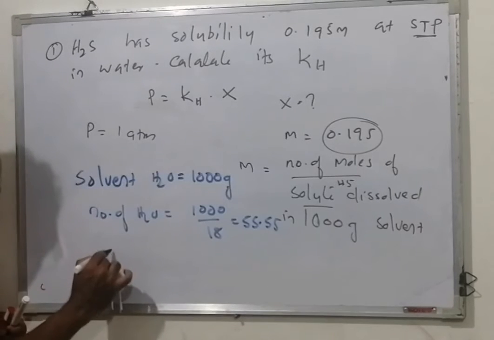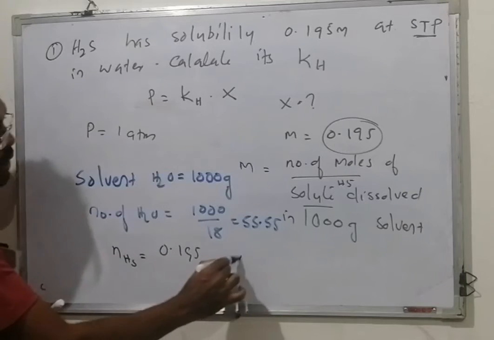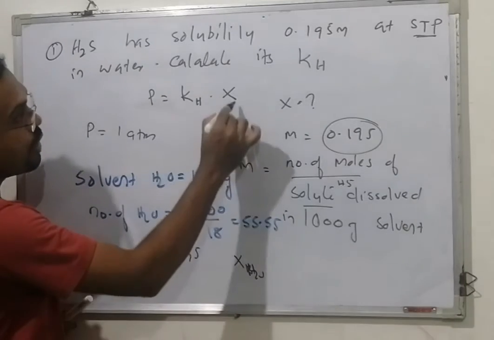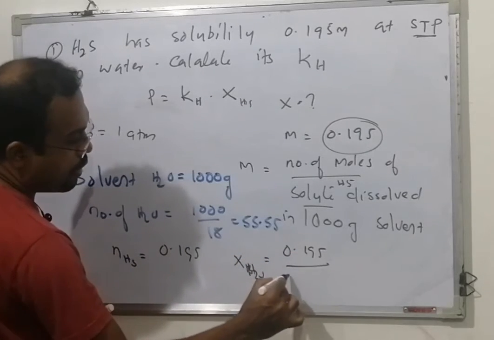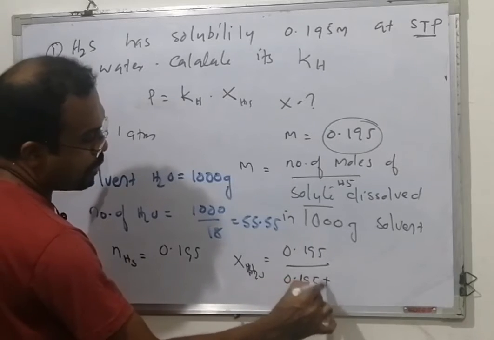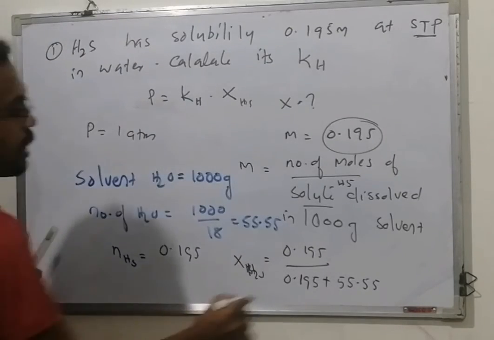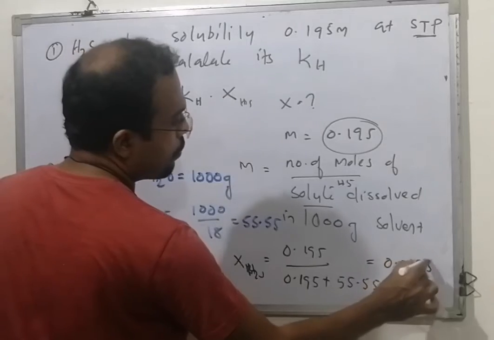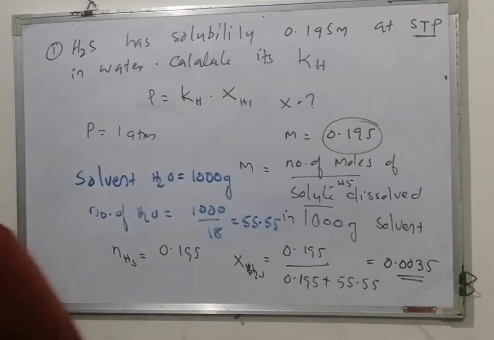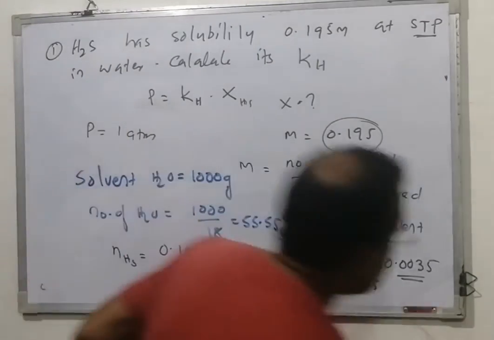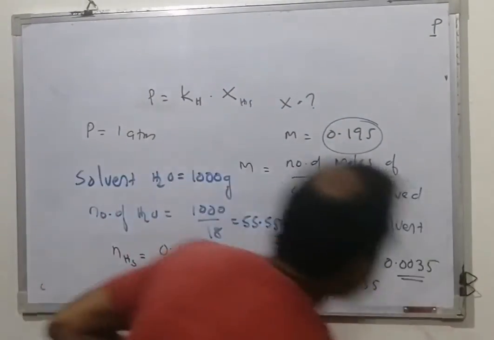Therefore, the number of moles of H2S is 0.195. What is the mole fraction of H2S? Number of moles of H2S divided by number of moles of H2S plus number of moles of water. This is almost 0.0035. Now you got the mole fraction, so you can calculate KH.